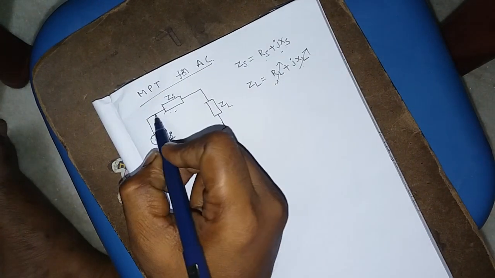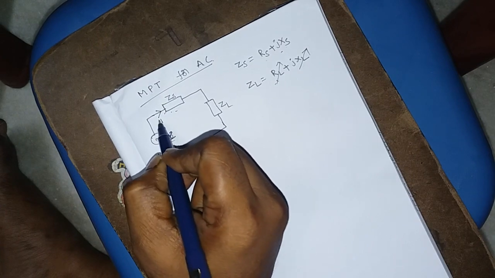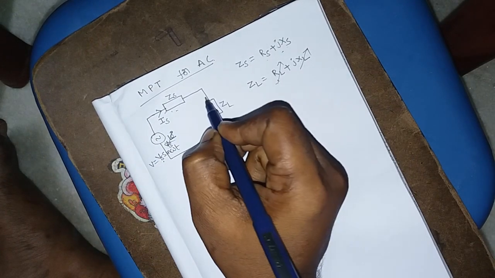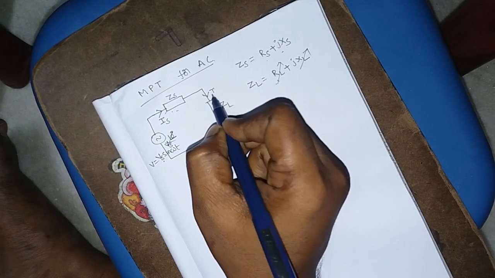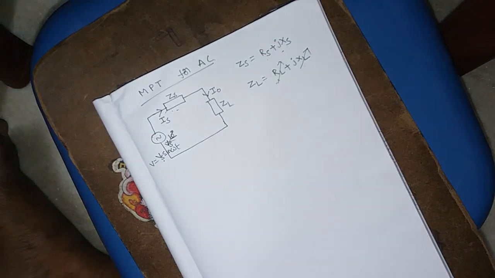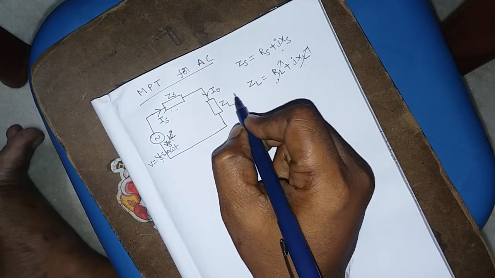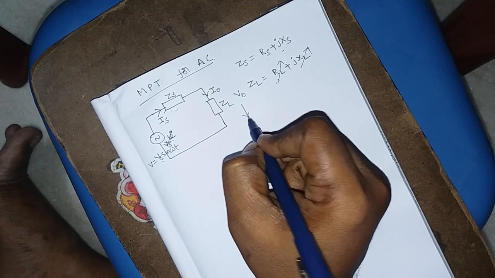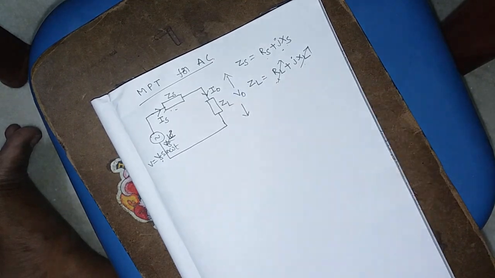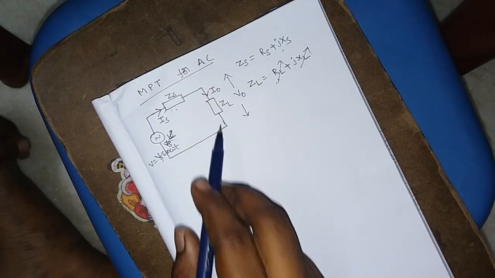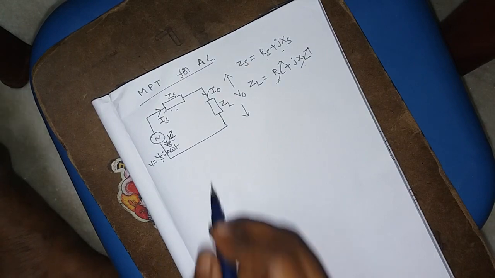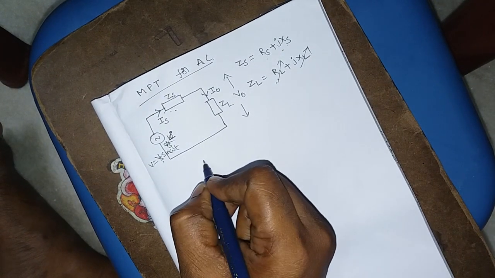As we know, let the current in the source network be Is, and the current in the load network be I0. Let the voltage across ZL be V0, the voltage across the load. Then what is the equation for I0?